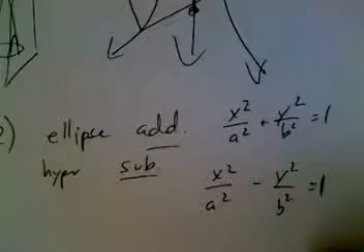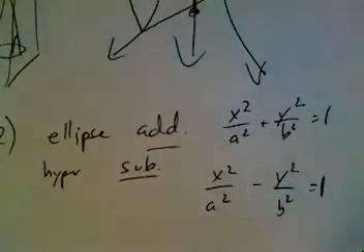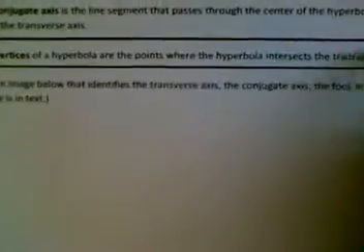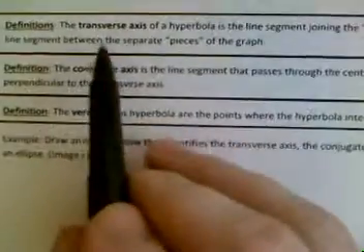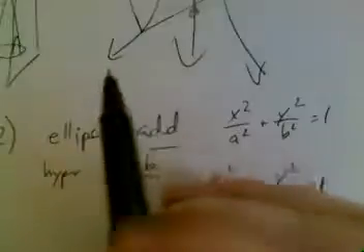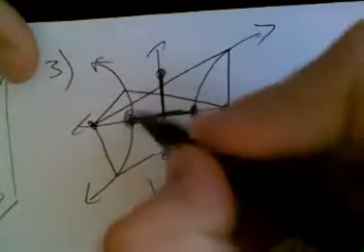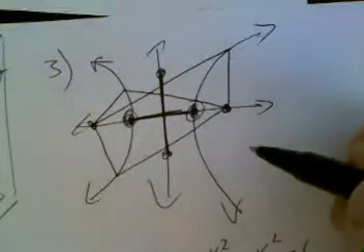Now let's talk about the vertices. The vertices of the hyperbola are the points where the hyperbola intersects with the transverse axis. Notice we had to define the transverse axis before we could define where the vertices are. These points right here and right here are the vertices of our hyperbola.